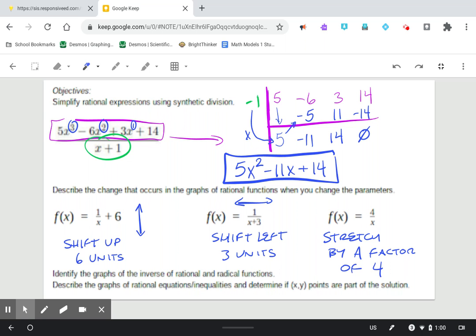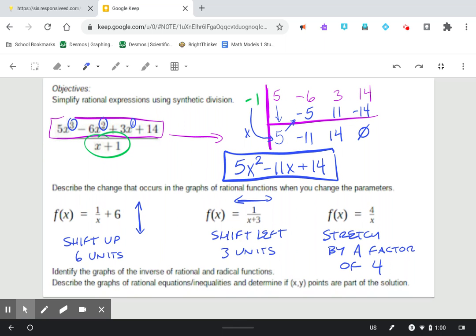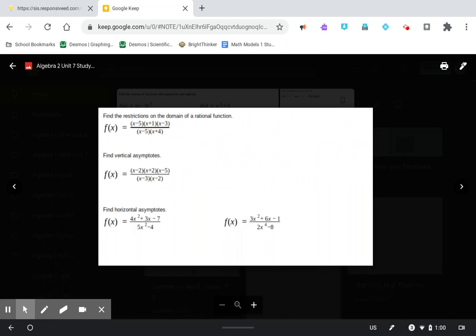And then same thing with this last line, determine if points are part of the solution. So you're going to have a graph and they'll ask you, is this number part of the solution? And you just see if it's either on the line or in the shaded region if it's an inequality. So we went over a lot of those previously. So let's jump to our next set.